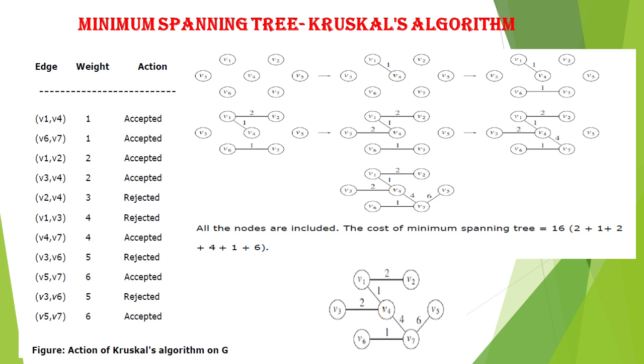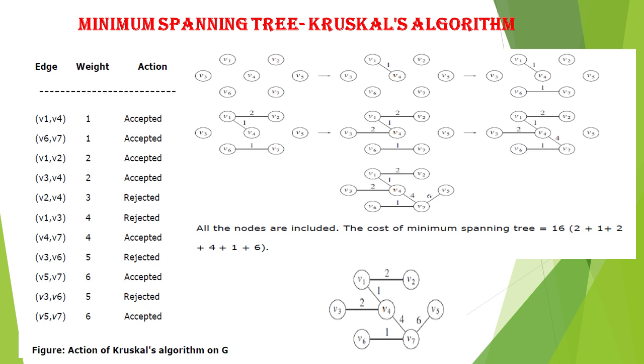Now we are going to apply Kruskal's algorithm here. Initially there should be n vertices, that is V1 to V7. Each tree should have a single node, that is V1, V2, V3, V4, V5, V6, V7.